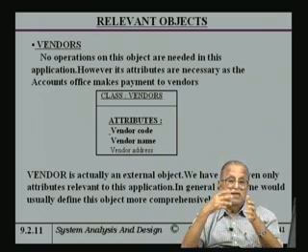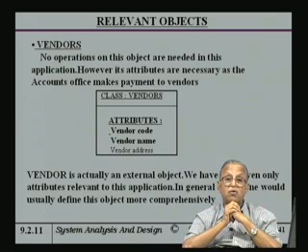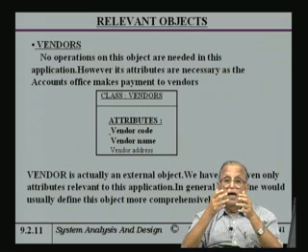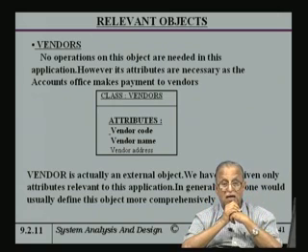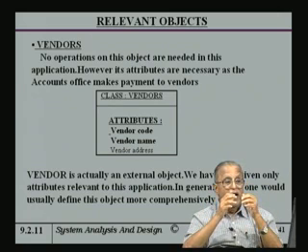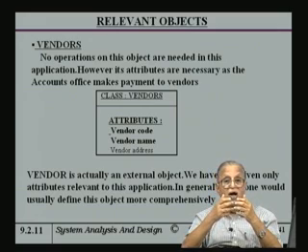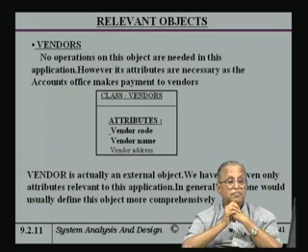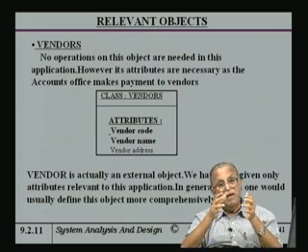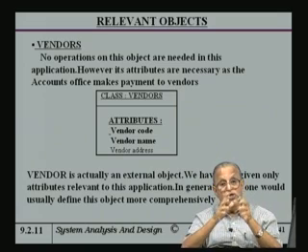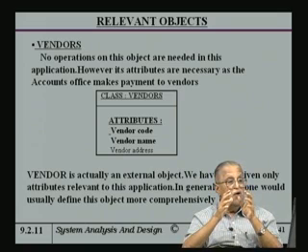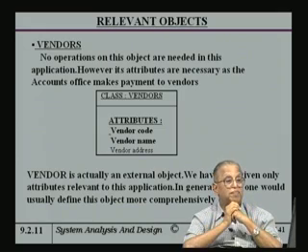So suppose you have a different situation where you have a new vendor added, or some operations can be performed on the vendor, namely like address change or things like that. They of course will become a potential object. In this case, I am assuming that vendor is not an operating object needed in this application.